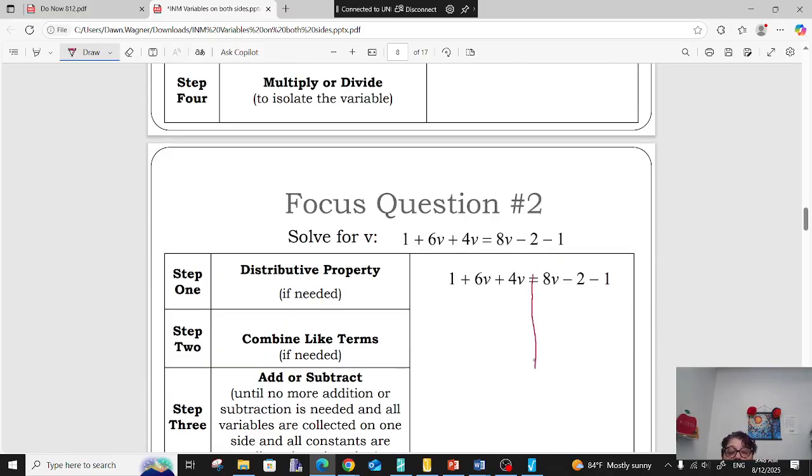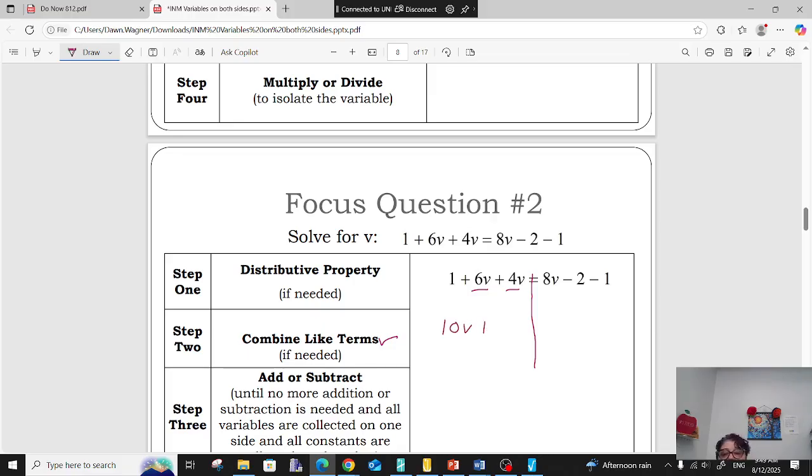Okay, so when you're here, a lot of students make the mistake of trying to do inverse operations. Don't do that till you are ready to cross over the equal sign. Right here, we're going to combine like terms first. So 6v and 4v, and you do what it's asking you to do here. That's 10v.